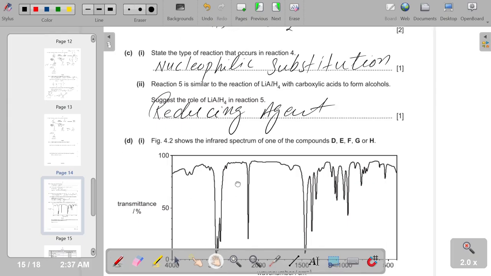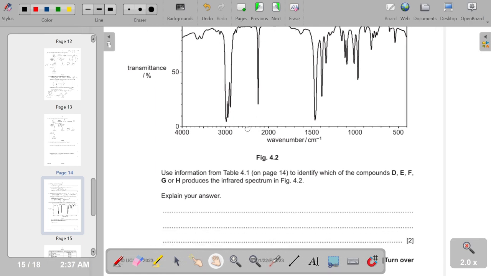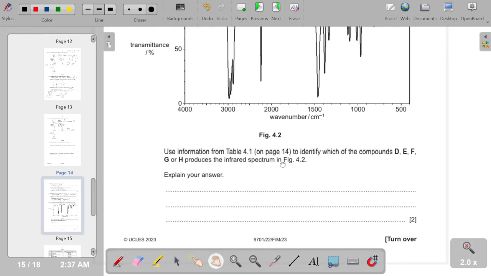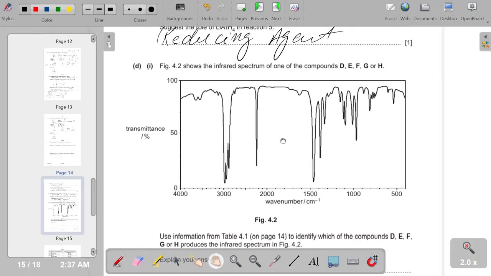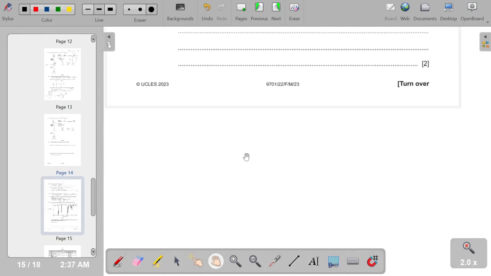So the next is, okay, a graph is given. You can see IR, infrared. Use the information from table 4.1 on page 14 to identify which of the compounds D, E, F, G, H produces the infrared spectrum. Okay, so now I should move to parallel.